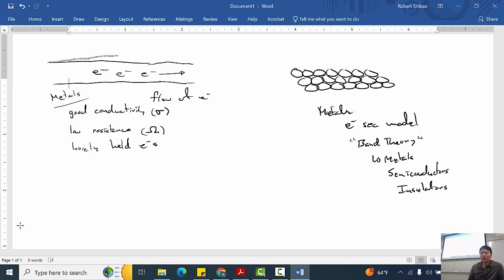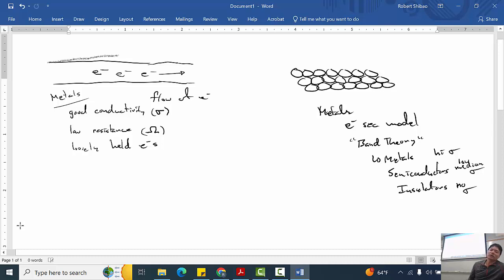For metals we see high conductivity. For semiconductors, we see medium or actually low conductivity. For insulators, we see pretty much negligible conductivity. It's not zero, so I shouldn't say no conductivity, I should say negligible.